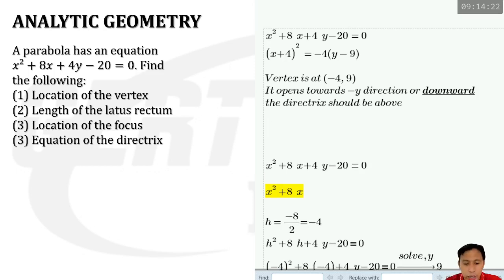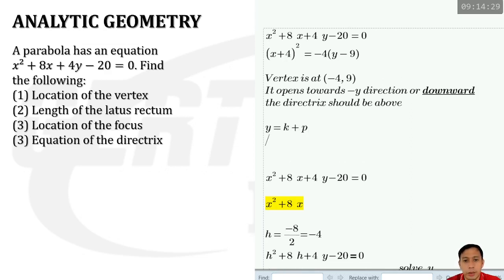So the equation should be y equal to k plus p. The p is 1 and the k is 9. So 9 plus 1. That should be the equation of the directrix of the parabola.